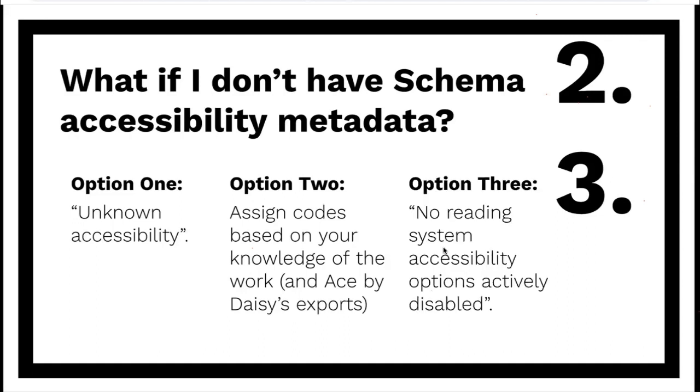All right. Your third option, if you are not confident doing that, but you still know that you're not doing anything explicit to make it inaccessible, right? You don't have a bunch of JPEGs of text and you're not explicitly and inherently turning off features of e-reading devices. You can use that code 10, which is no reading system accessibility options actively disabled.